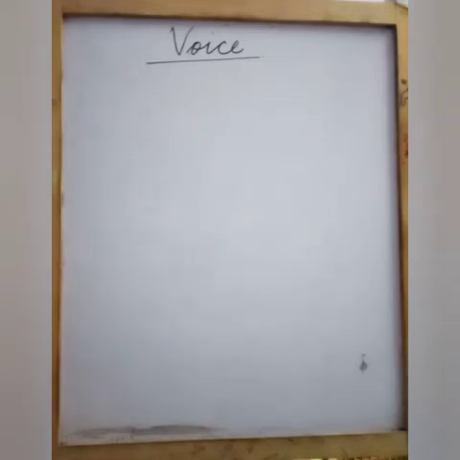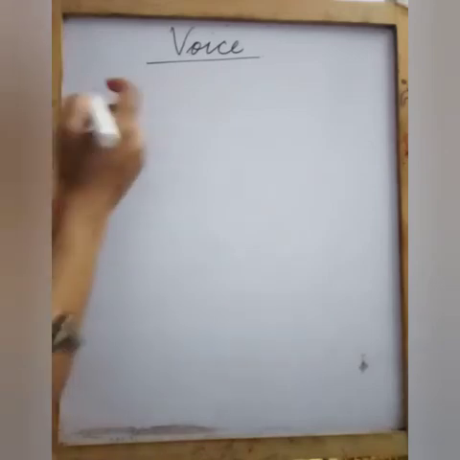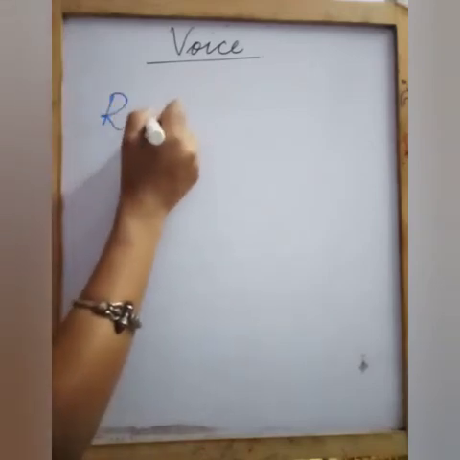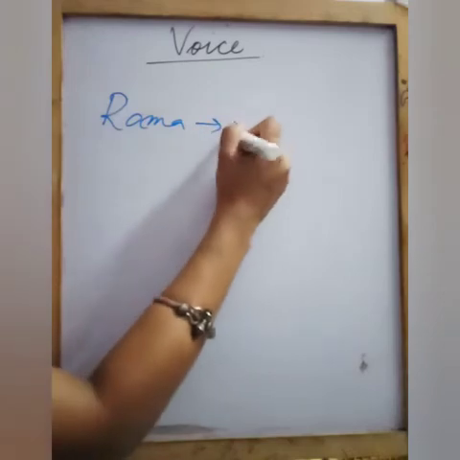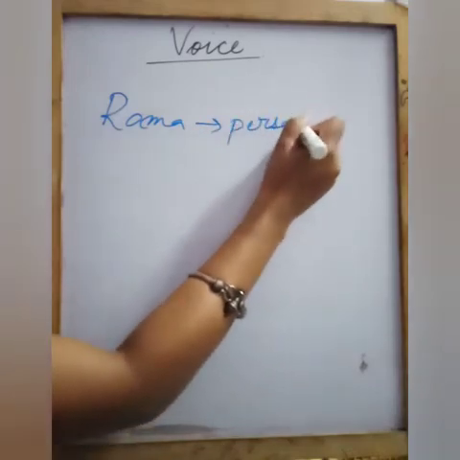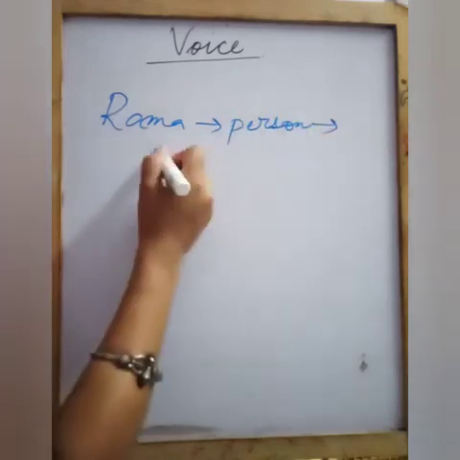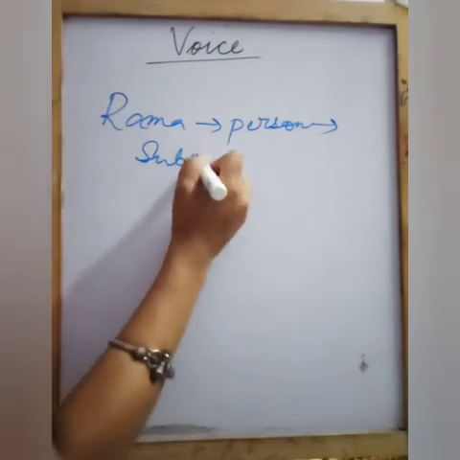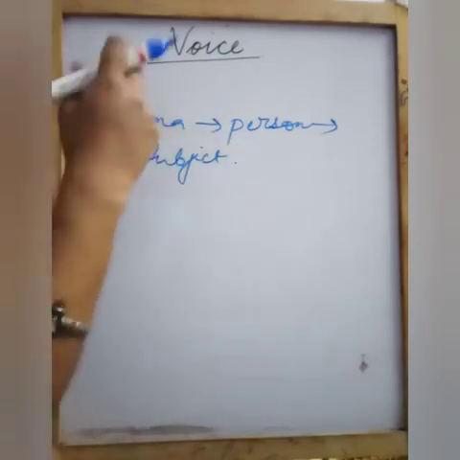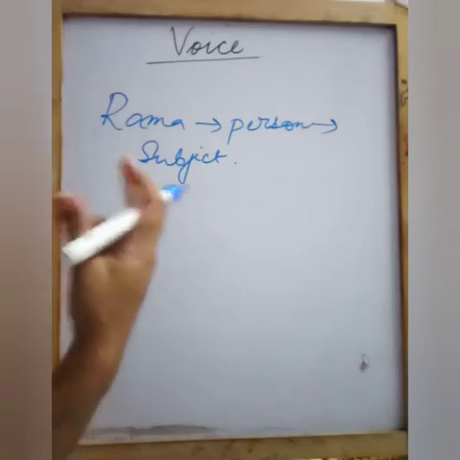So we had written two sentences. What? Rama helps Hari, isn't it? So when we say Rama helps Hari, Rama, that is the person, is denoted by the subject, isn't it? Rama is the person and he is denoting the subject of the sentence. Now he is active. He is helping someone, isn't it? Rama helps Hari.